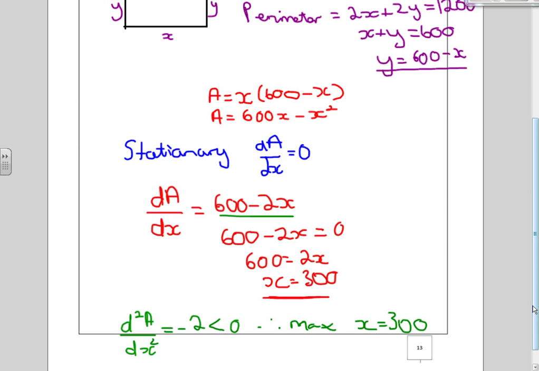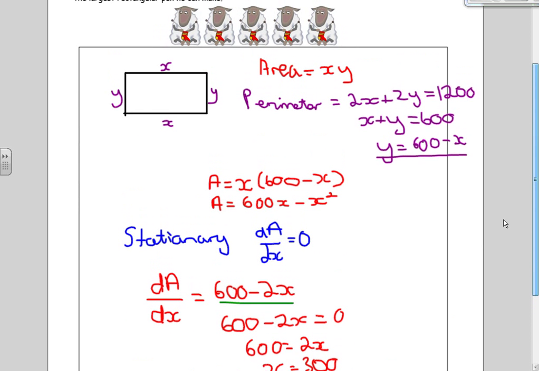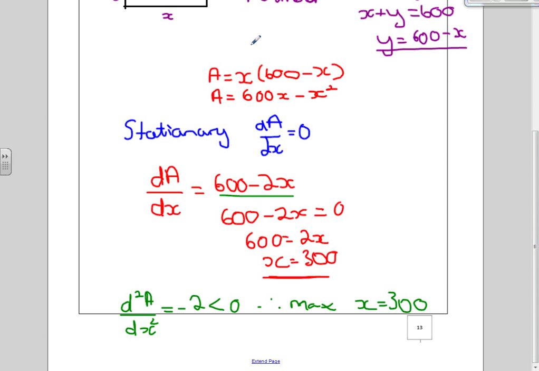So we know what x is equal to. We now need to go back and use this to see what y is equal to. So y equals 600 minus x, so that'd be 600 minus 300, which would give us a y of 300.